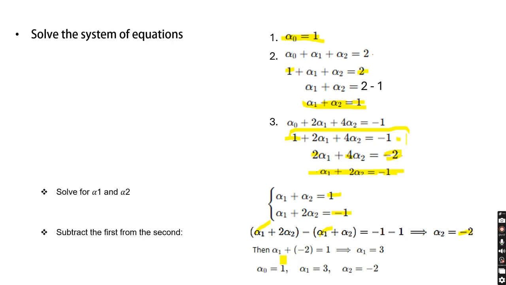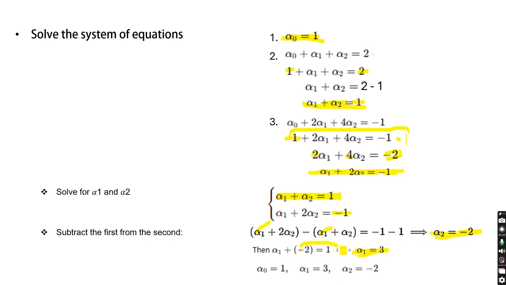And then A1 plus negative 2 equals 1. Therefore, our A1 now equals 3, because we use this value to find our A1. We have A1 plus the value of our A2, which is negative 2.